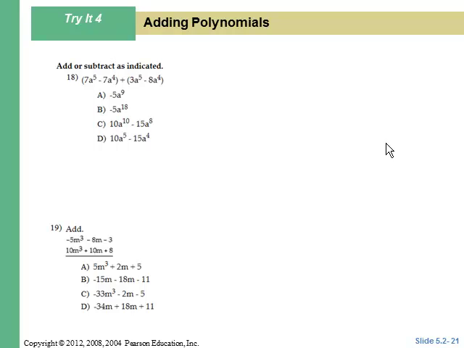Now we have to add, or sometimes we can also subtract polynomials. Let's see how we would do the first one here, which is an addition.